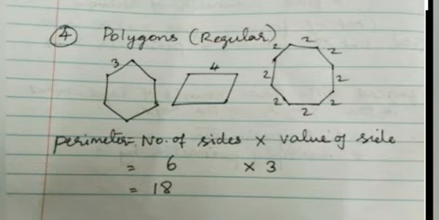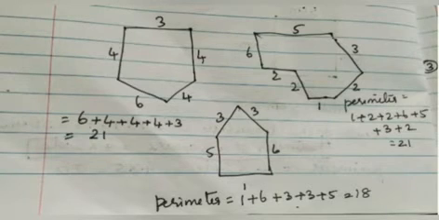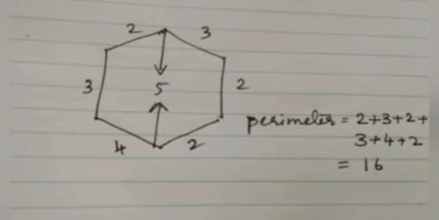If the shape is irregular, we can't do that. So what you have to do, simply add all the values of the sides. So simply we can put perimeter equals the length of all the sides. So in this figure, we have to add only the boundary values and not the inner value, since the perimeter is the length of the boundary only and not the inner part.